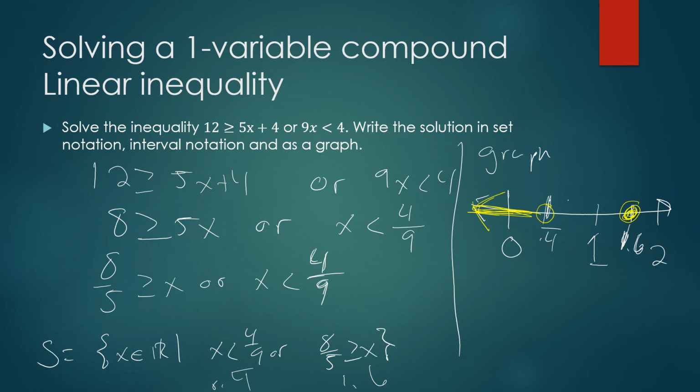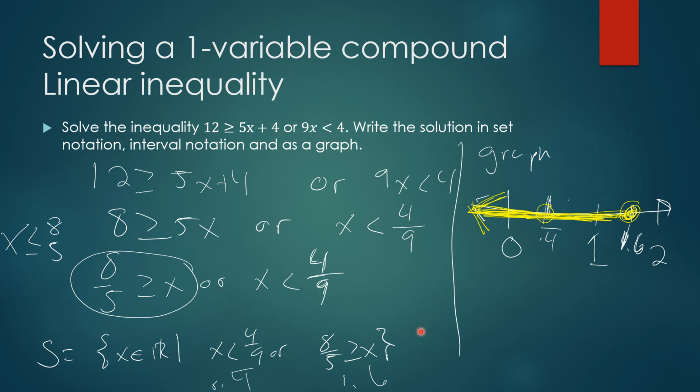This one also means that x is less than or equal to 8/5, so I'm going to draw it this way. Now the solution is the combination of these two.